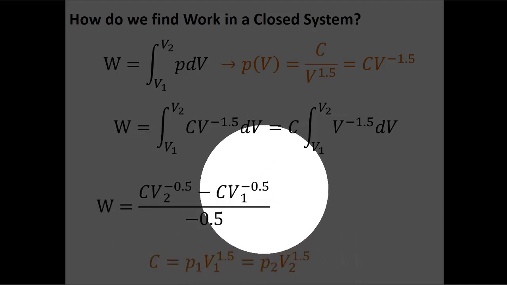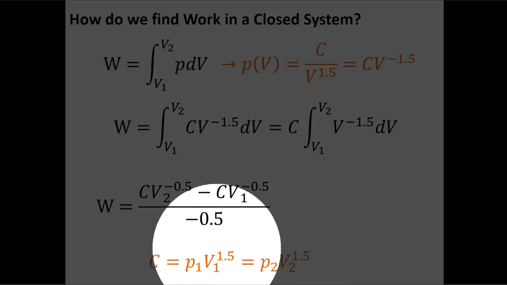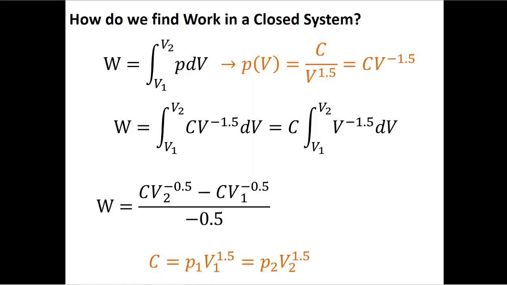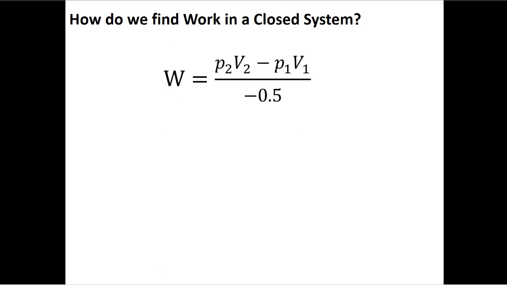And the second time I use the constant C, I'm going to use P1 V1 to the 1.5. So when I do that, I get P2 V2 minus P1 V1, divided by negative 0.5, is equal to work. So this is good because now I have an equation for the work.